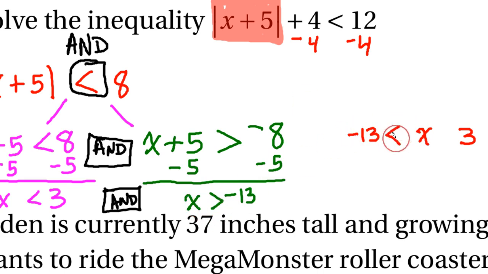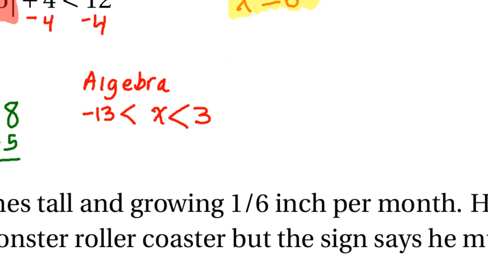Well, that makes sense. Now, if I do it this way as well, I can see that it still matches the pink answer over here where the arrow is pointed towards the x and away from the 3. So this is another way to write the answer. So this right here is the algebra symbolic answer.